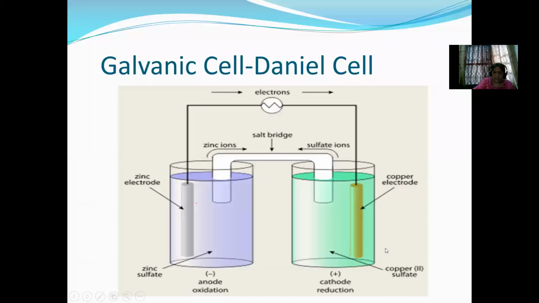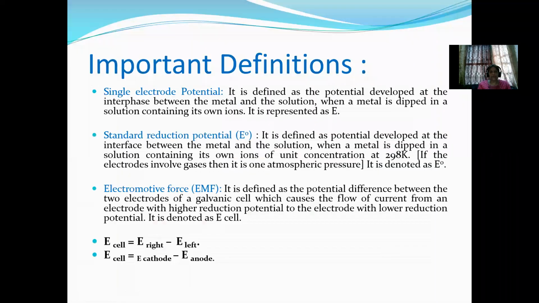Those are the definitions. Single electrode potential means what? It is defined as the potential developed at the interface between the metal and the solution when a metal is dipped in a solution containing its own ions, and it is represented as E. Now we'll go to the standard reduction potential or standard electrode potential, which is denoted by E naught.